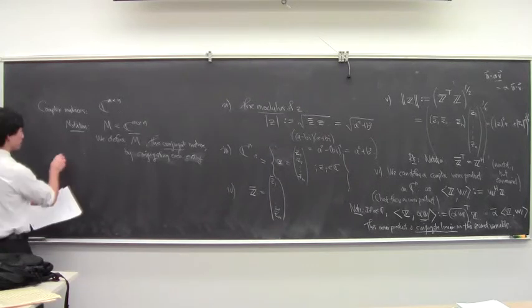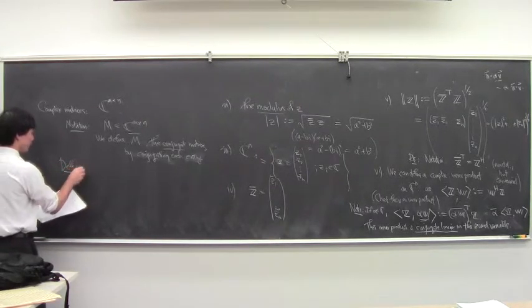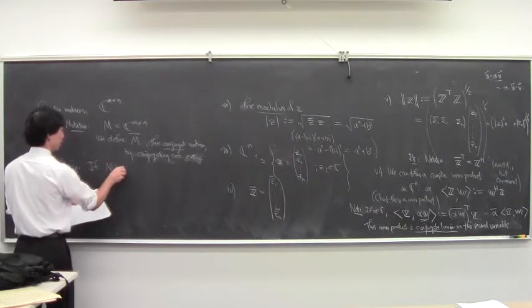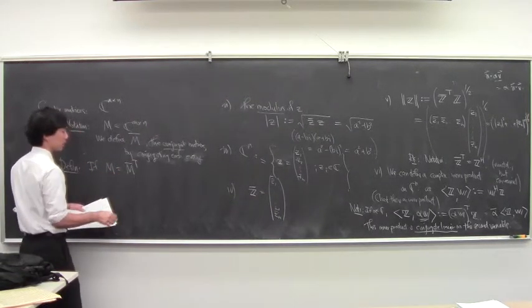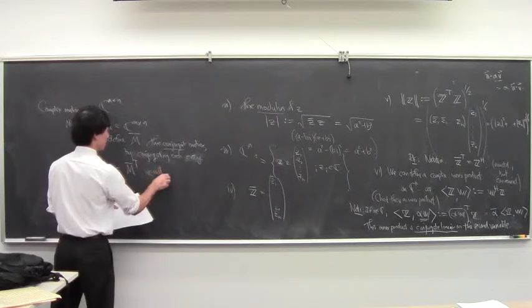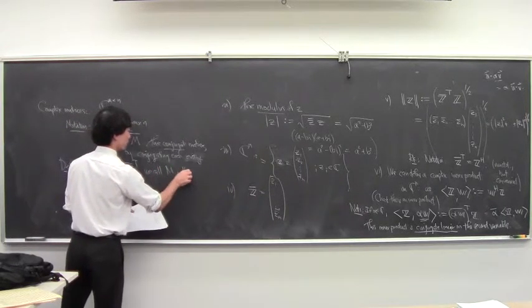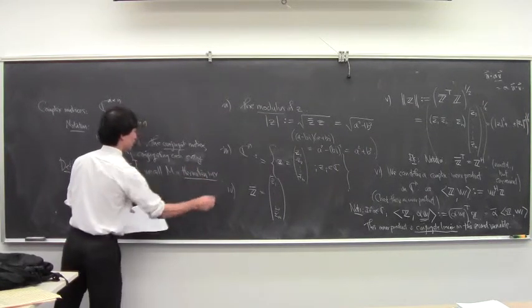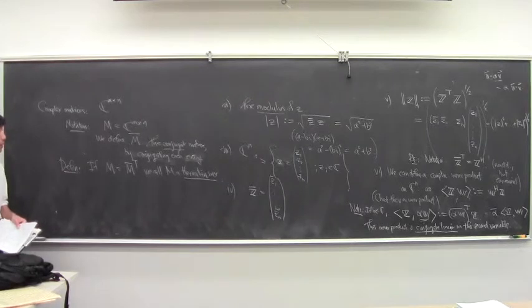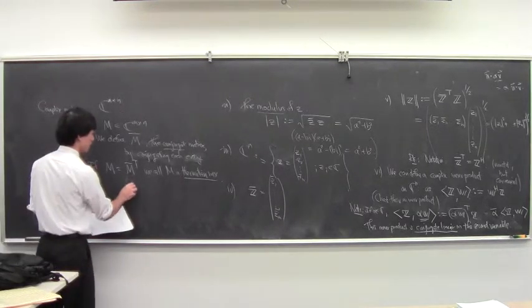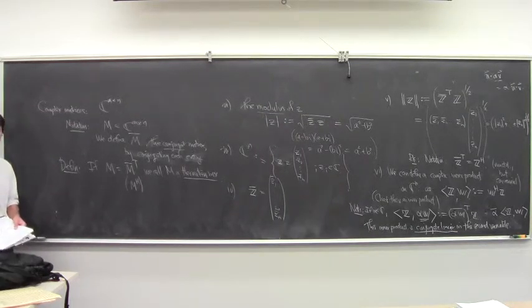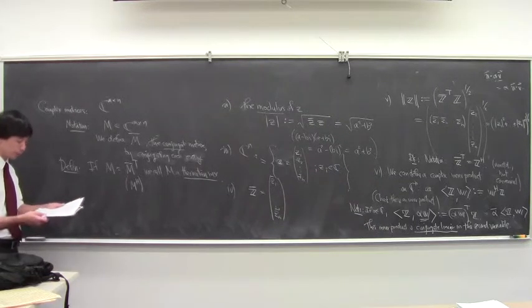Okay. And here's the definition that will be very important for us today. If M equals M conjugate transpose, we call M a Hermitian matrix. Again, I think the book uses this notation, M super H. And now you see why there's an H. It's for the word Hermitian, from the mathematician Hermite.